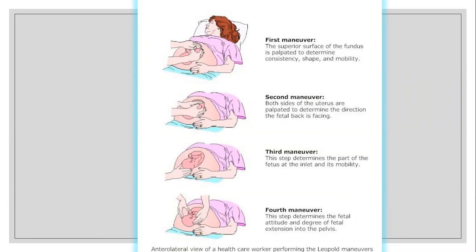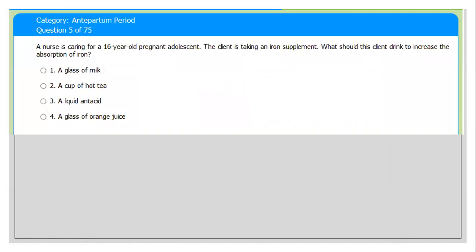In the third maneuver, these steps determine the part of the fetus at the inlet and its mobility. And in the fourth maneuver, these steps determine the fetal attitude and degree of fetal extension into the pelvis.